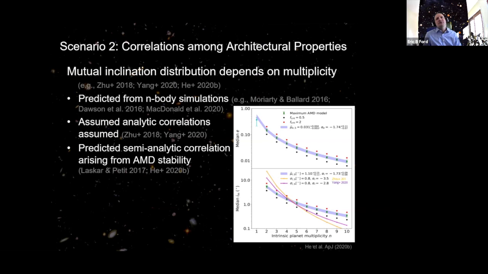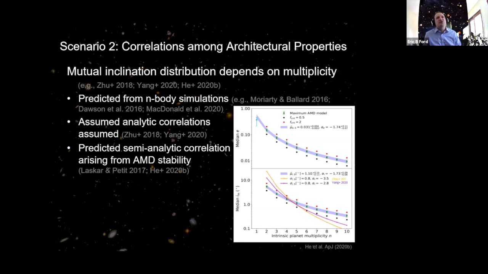In particular, early on, we assumed that all the multis were 1 population. We fit a model to them, and then we tried to extrapolate that to all stars. More recently, we said, what if there's a correlation between the mean mutual inclination and the number of planets in that system?